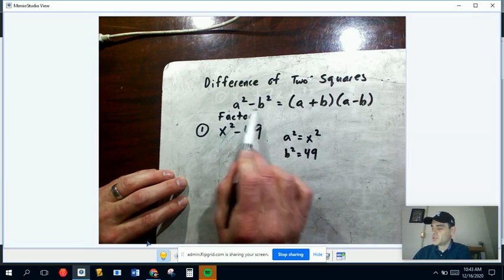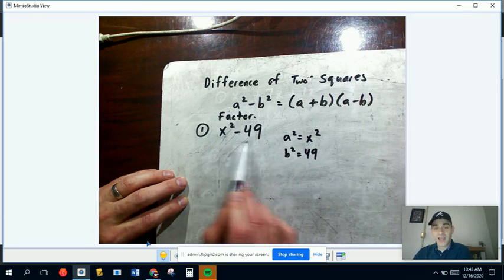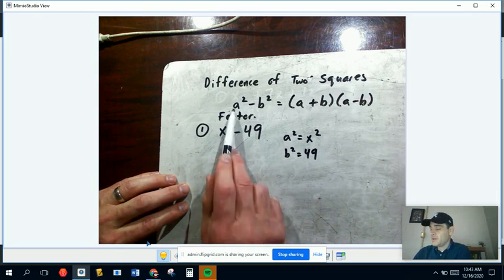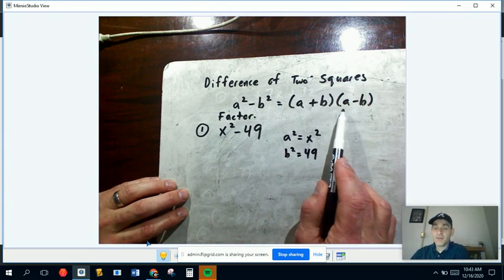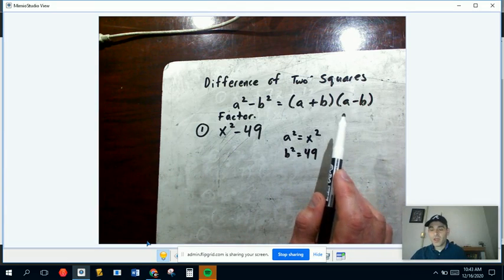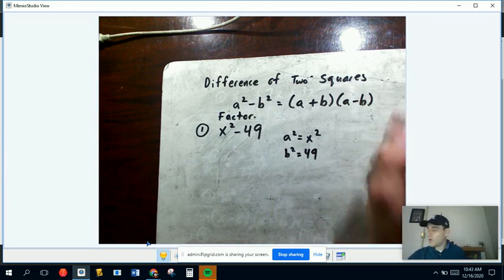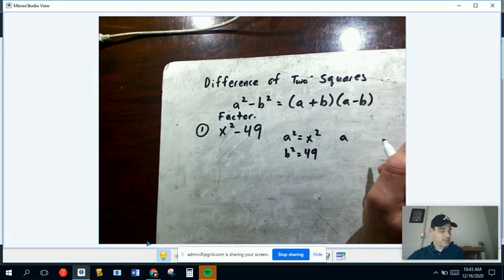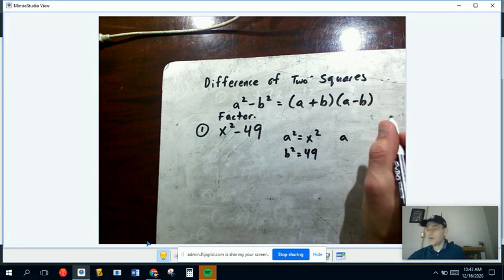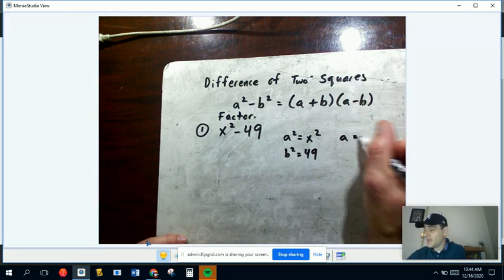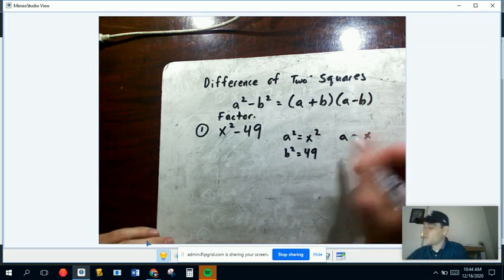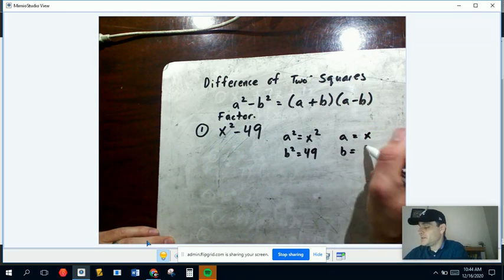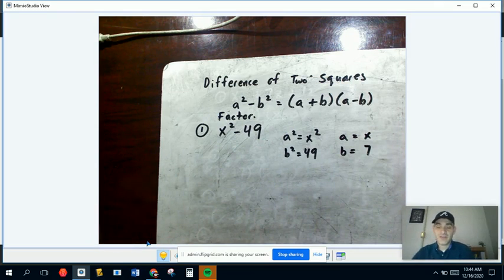So a squared is x squared, b squared is 49. Well, over here, we need not a squared or b squared, we need a and b. So what would a be if a squared were x squared? Well, if a squared is x squared, then a would be x. That is, you just take the square root of x squared. If b squared is 49, then b would be 7, because 7 times 7 is 49. The square root of 49 is 7.